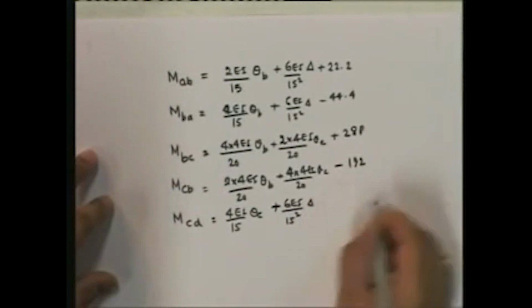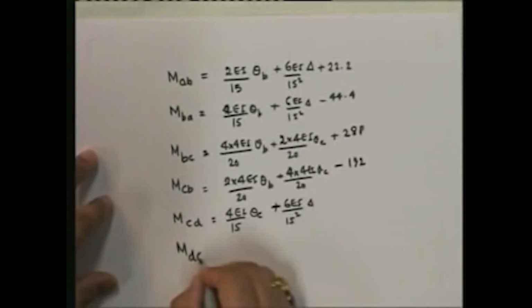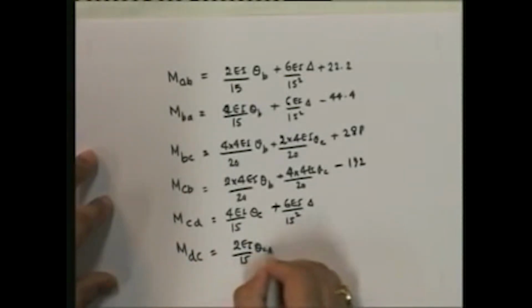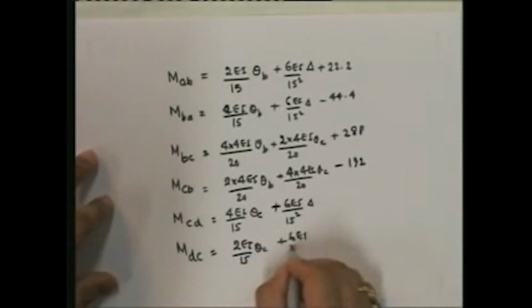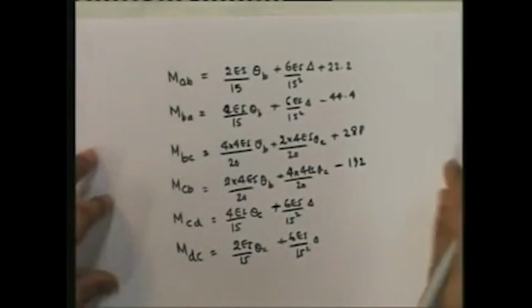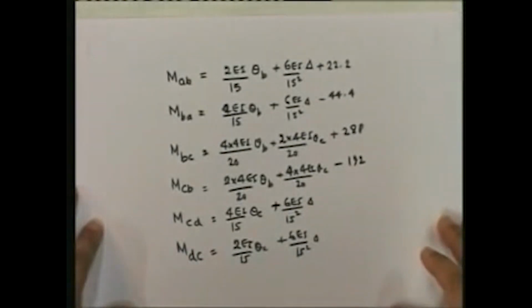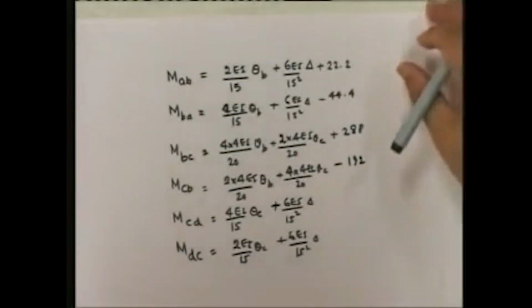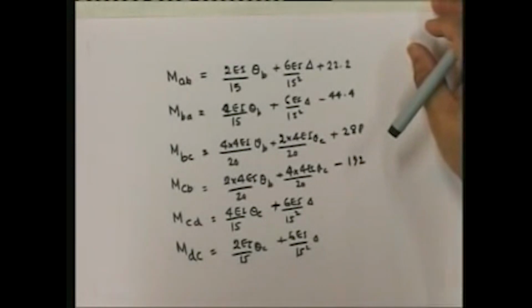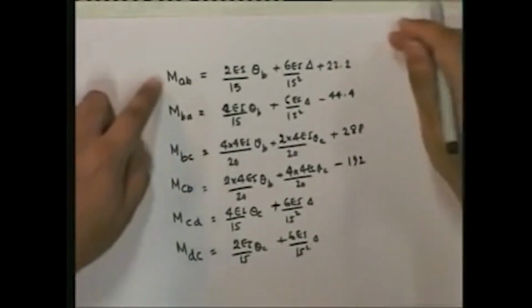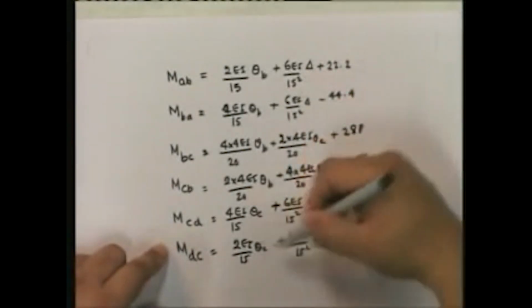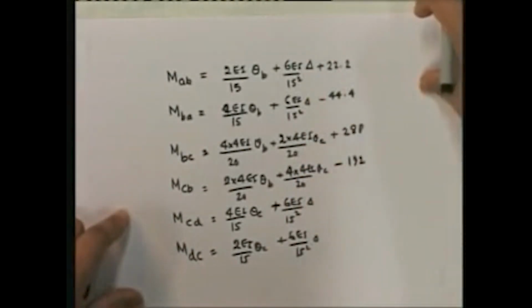There is no fixed end moment, and MDC is equal to 2 EI upon 15 theta C plus 6 EI upon 15 squared delta. Okay, so these are all the moments that we have. We've been able to write down the member end moments in terms of the unknown displacements that we have.